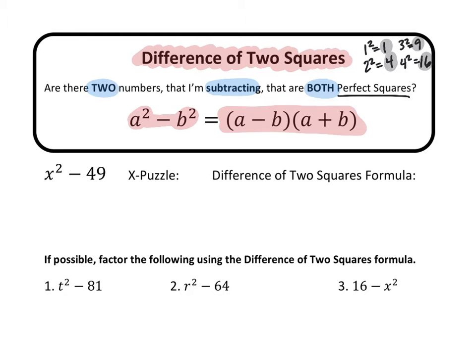So we have this problem, x squared minus 49. And I'm going to factor it with an X puzzle. A times c goes to the top. That's 1 times 49, and 1 times negative 49 is negative 49. There is nothing in the center, so I'm going to put a 0 in the bottom. And my a value is 1. Now, the numbers that multiply to 49 are 1 times 49 and 7 times 7.